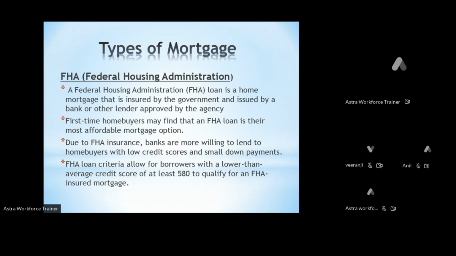They will not give a higher loan amount. But for those who are doing a first-time purchase, this program will help them get the loan. For an FHA loan, the minimum credit score is 580 to qualify for an FHA insured mortgage.